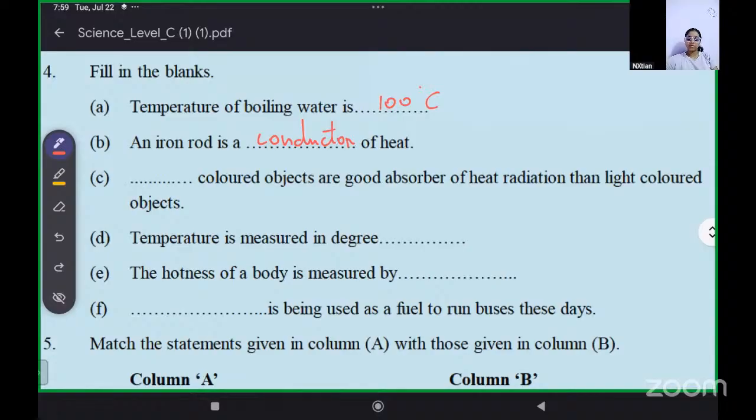Dark colored objects. Yes. Anna, turn on your video. Temperature is measured in degree dash. Celsius. Abraham, the hotness of a body is measured by a thermometer. Clinical thermometer. Yes.